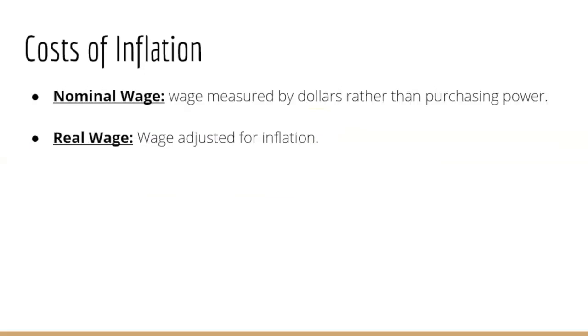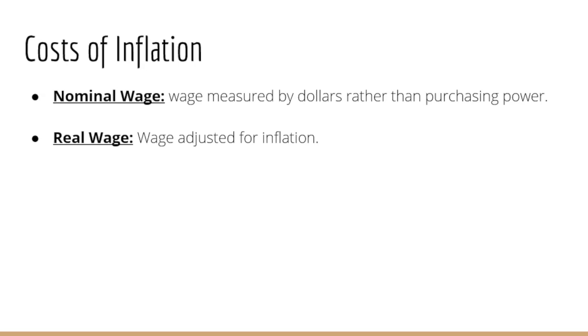And so there's a difference between the words nominal and real, right? In this case, we're going to add the term wage after it. So nominal just means that you're not taking into account inflation. Nominal wage is just wage measured by dollars rather than purchasing power. In other words, nominal wage is your wage just at the end of the day without taking into account inflation.